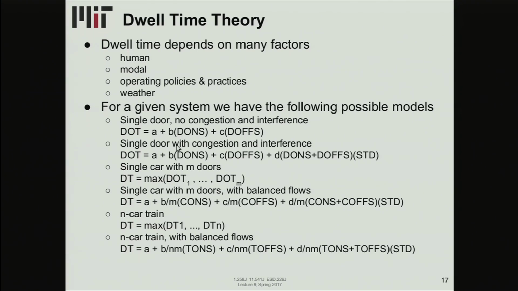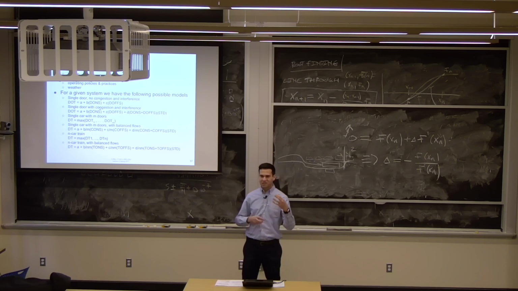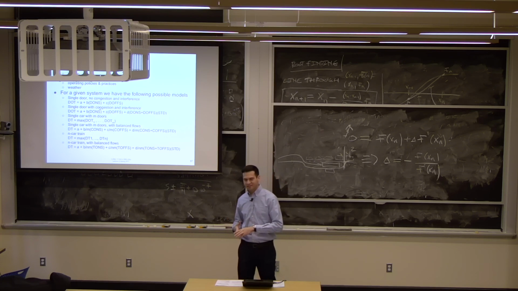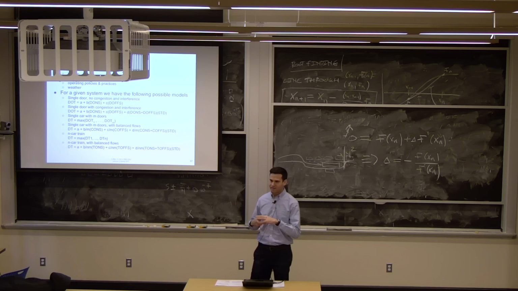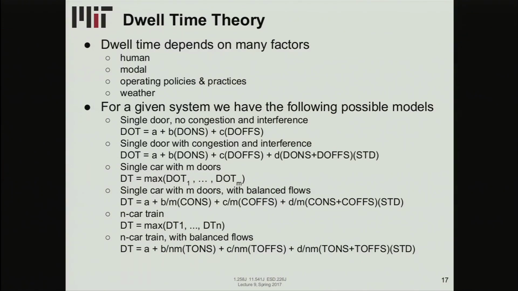Now what if you notice that when the train is packed, people take a lot longer to get off and on? Then you want to add the effect of interference or congestion or friction. Some people call it friction. So we add a passenger friction term. We multiply the number of people getting on and off times the number of standees in the vehicle.